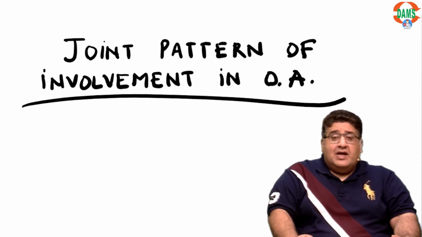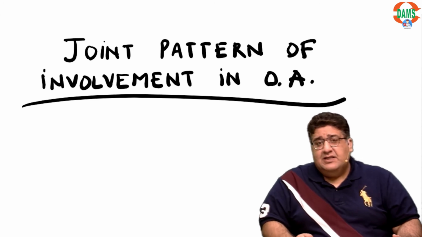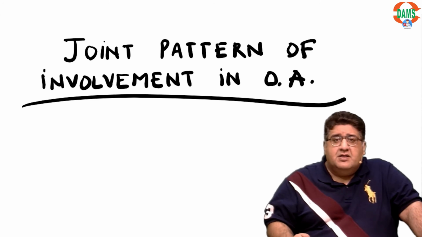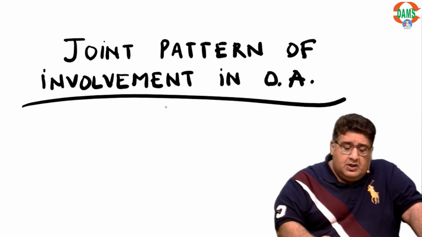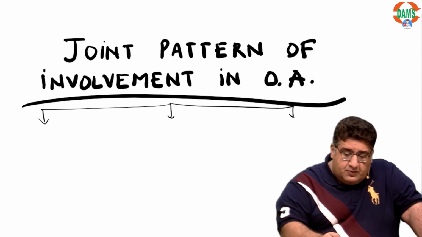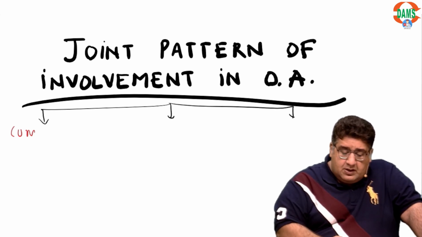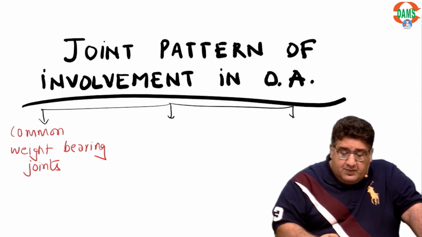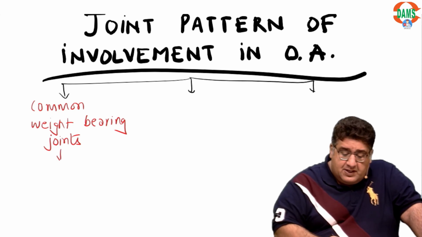Well, as we age, definitely there is a tendency of the joints of our body to develop osteoarthritis, but primarily that will happen in the weight bearing joints. So we need to understand today what the common weight bearing joints involved are.